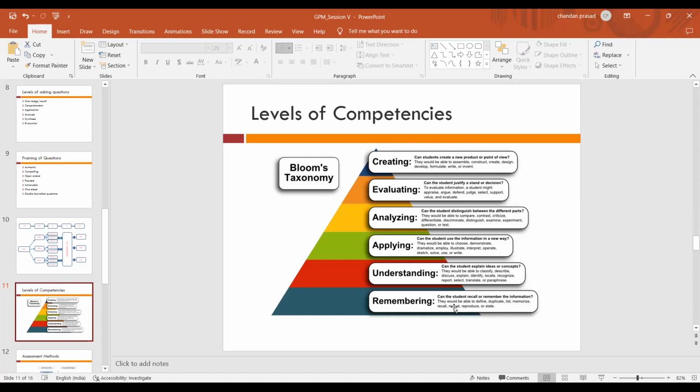Then in analysis, we check whether the student is in a position to break down into different parts and able to identify various reasons, causes, motives.